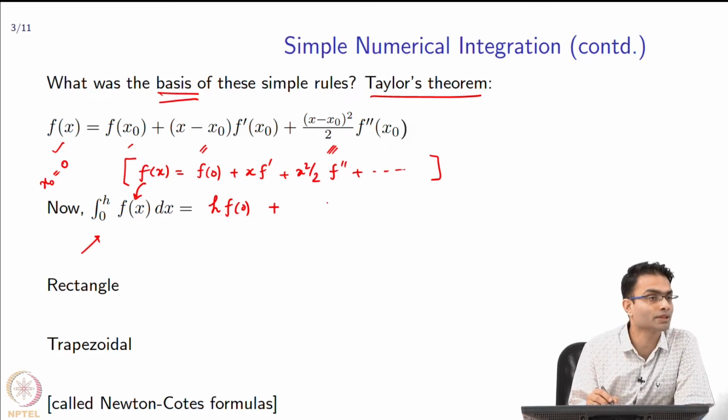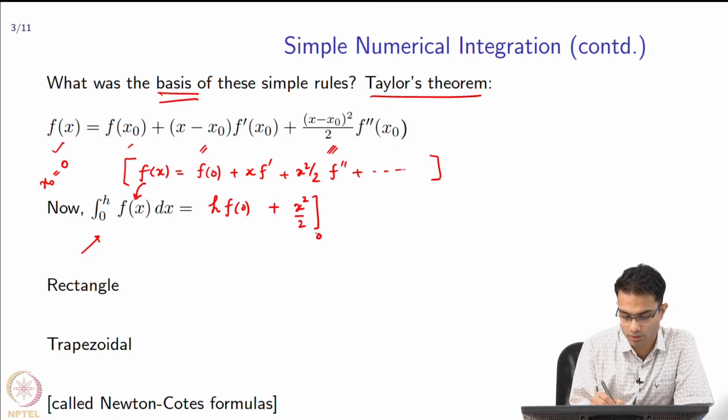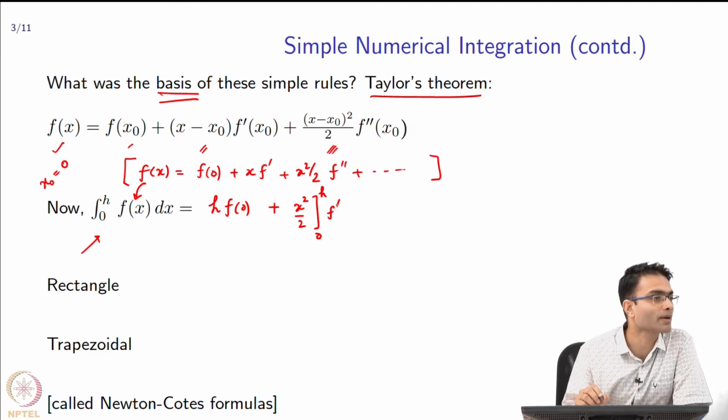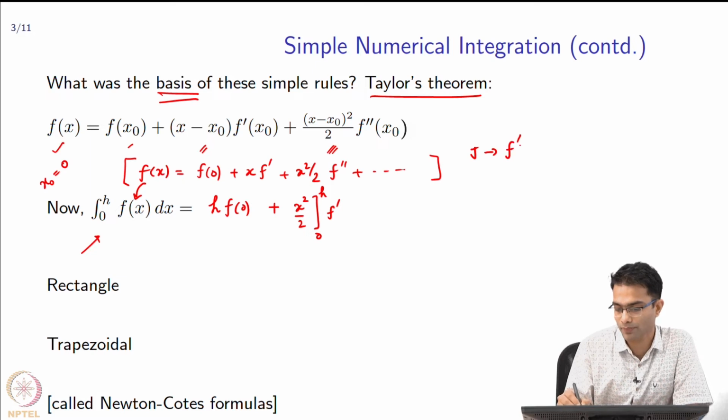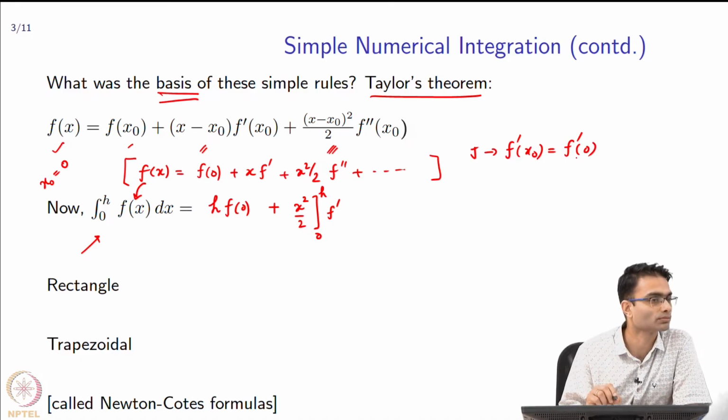Then the second term is the integral of x dx, right? So I'm going to get x squared by 2, 0 to h, and f prime is a constant. When I say f prime, what am I saying? I am saying f prime at x naught, which is equal to f prime at 0. So that's a constant, right?